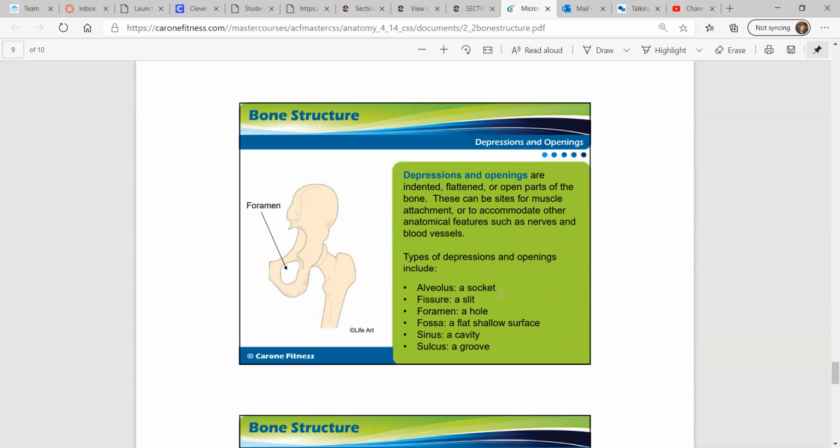These can be sites for muscle attachment or to accommodate other anatomical features such as nerves or blood vessels. Types of depressions and openings include alveolus, a socket; fissure, a slit; foramen, a hole; fossa, a flat, shallow surface; sinus, a cavity; and sulcus, a groove.